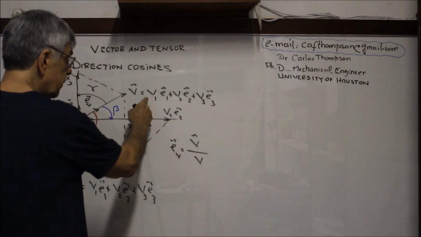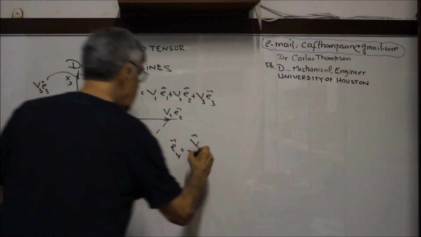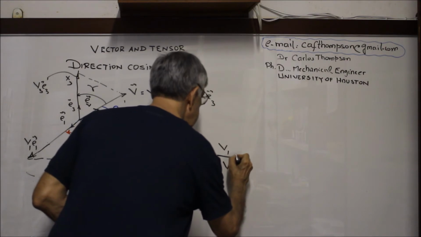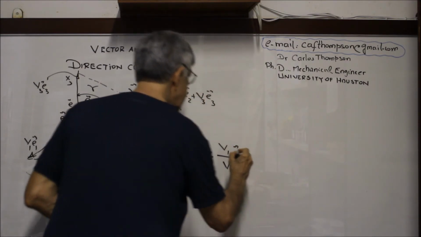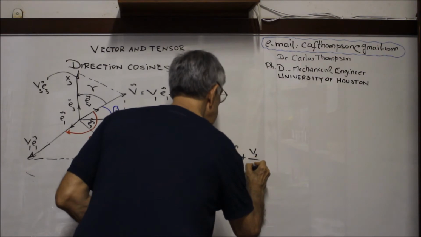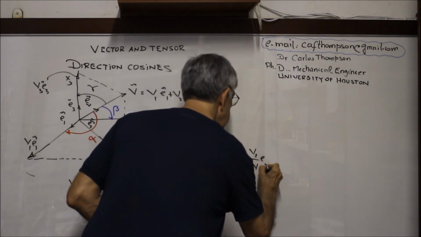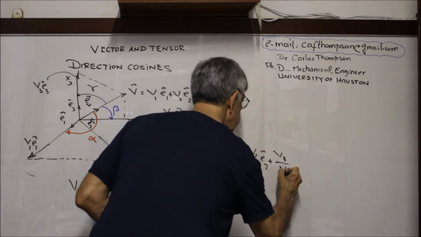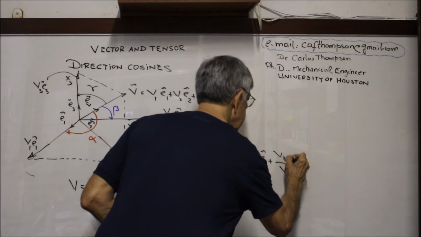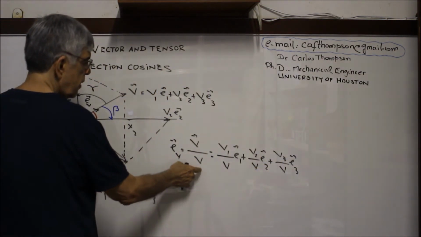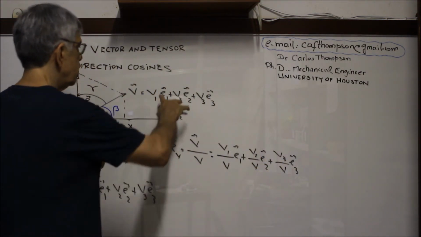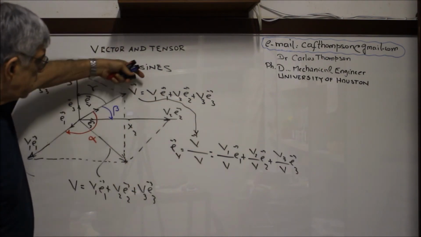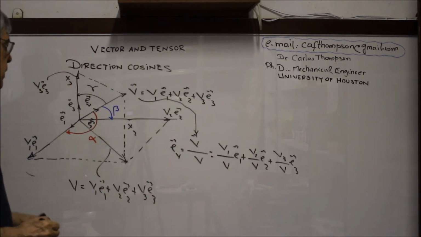If I substitute vector V, I'll have V1 over V e1 plus V2 over V e2 plus V3 over V e3. Just easy, because I have a common denominator. Substitute V over here and divide each term by this.